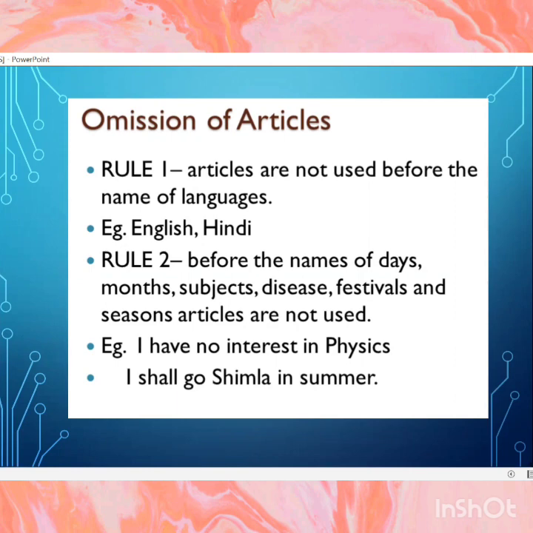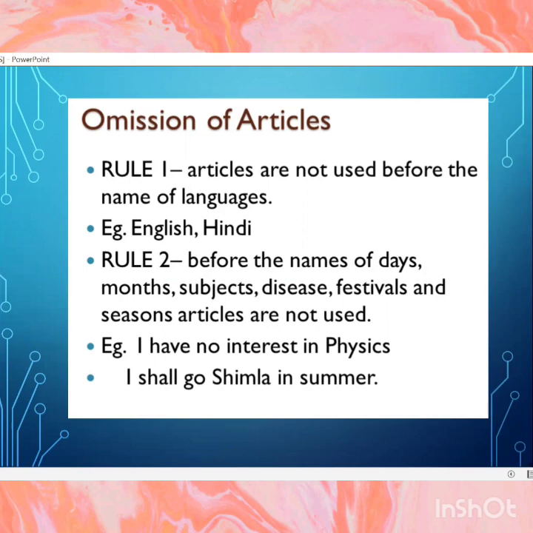You say Monday, Tuesday, Wednesday. You say June, July, August. You don't say a June or the August. It's always just the name of the month. Then English, Hindi, math, science, diseases, festivals, and so on. For example, I have no interest in physics. I shall go to Shimla in summer.